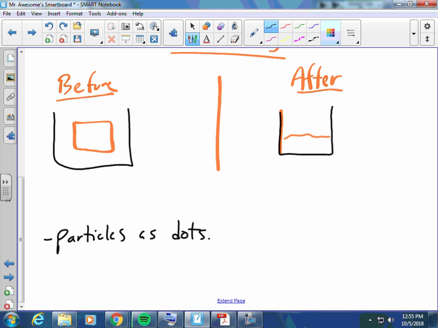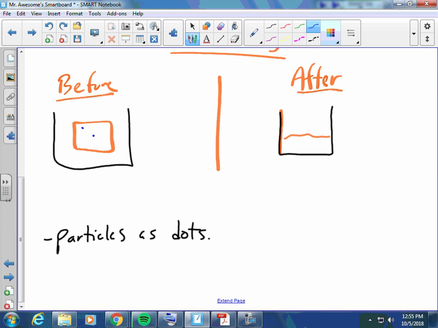So if I'm doing this model, first of all, I have outlines of the substances, but I'm going to put in dots to show that I understand there's particles within them. There's particles in everything. I could do dots all around it for air particles. I could even do dots in the beaker for beaker particles. But really all I'm concerned about here in my thinking is just the particles that are in the ice or the water.